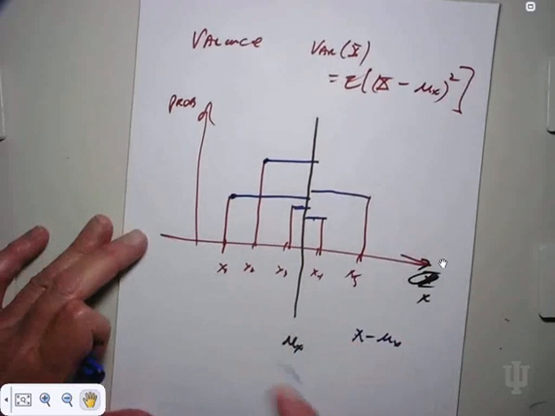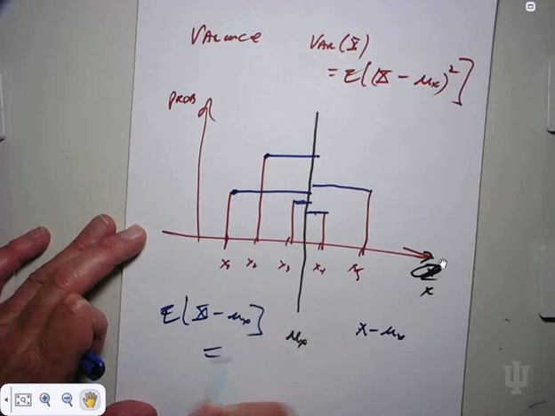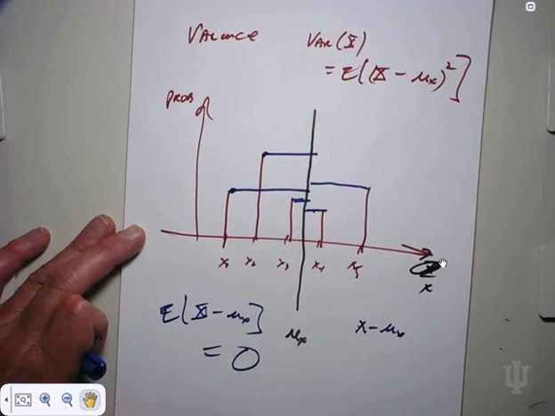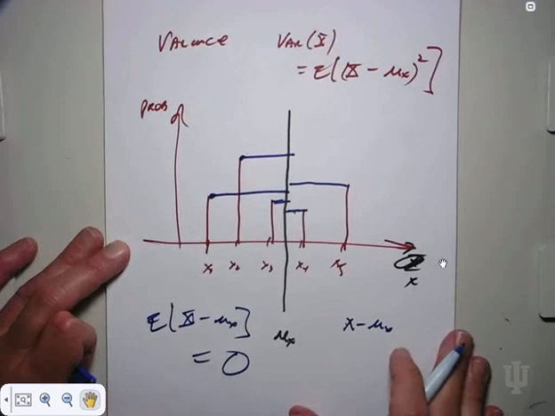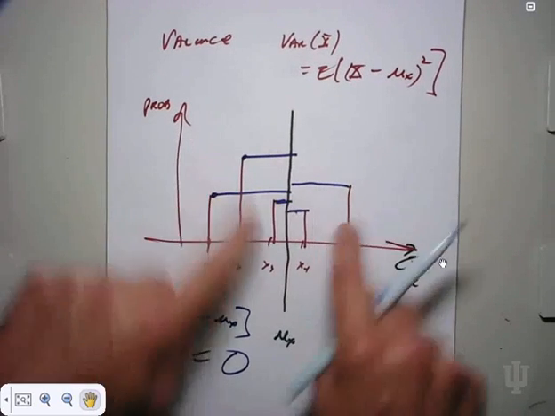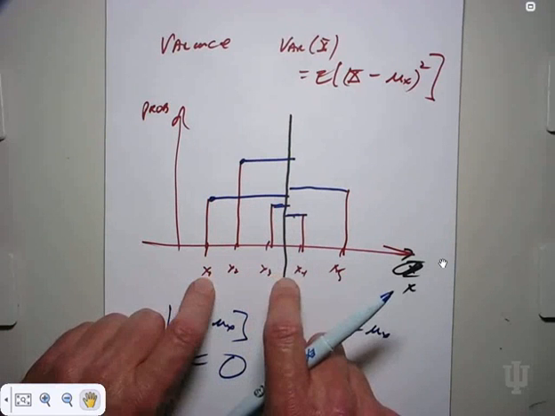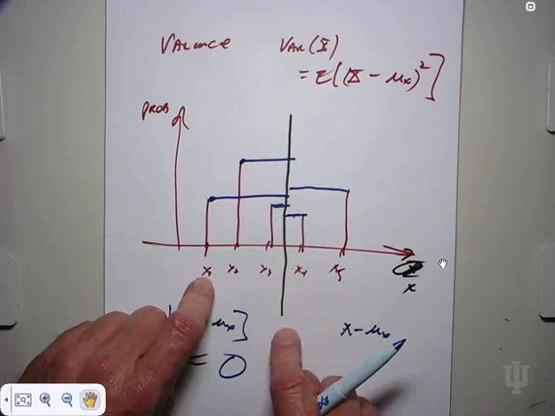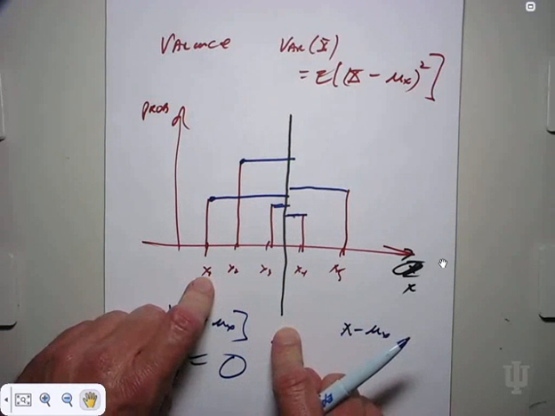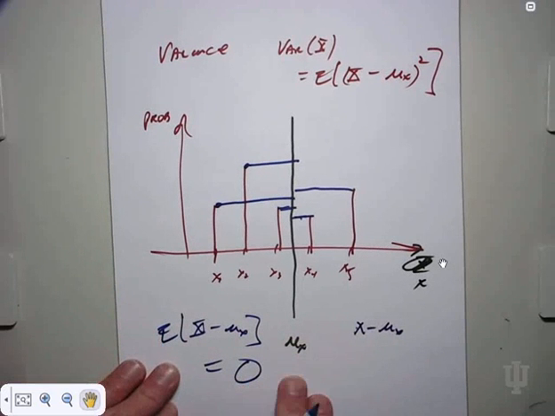And that's 0. We derived it in front of you and showed it was 0. Which means that if you wanted to see how varied things are, just subtracting the value from the average and adding them up in a probabilistic manner doesn't give you much insight. It gives you 0.